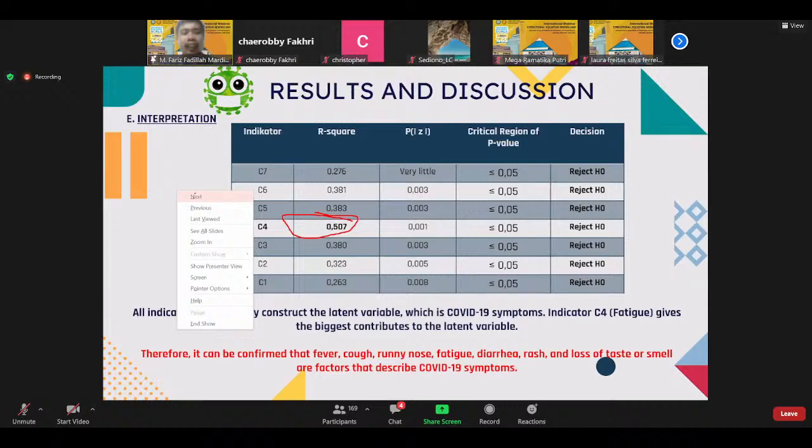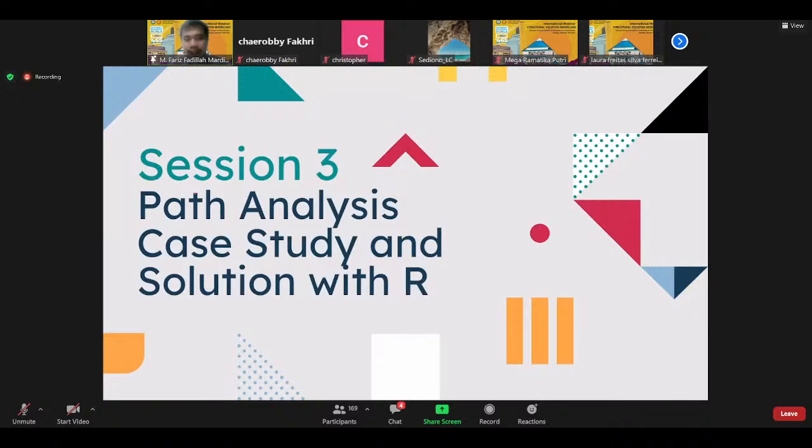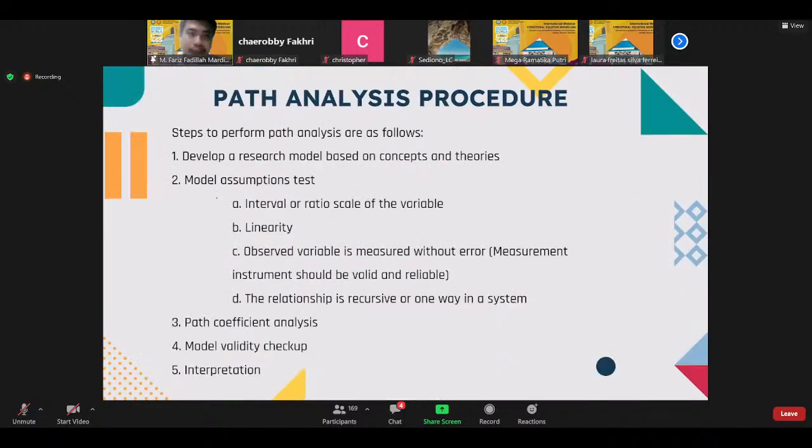Okay, and then the next session is about path analysis. Path analysis procedure: this is the step to perform path analysis.